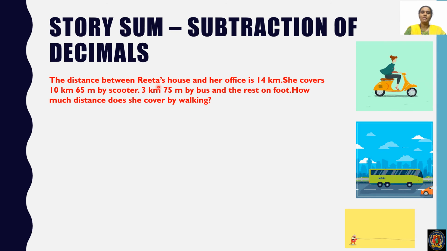First we need to find the sum of the distance she goes by scooter and bus, and that total we have to subtract from 14 km, the distance from her house to the office. We will get the remaining distance, that is the distance she covered by walking.